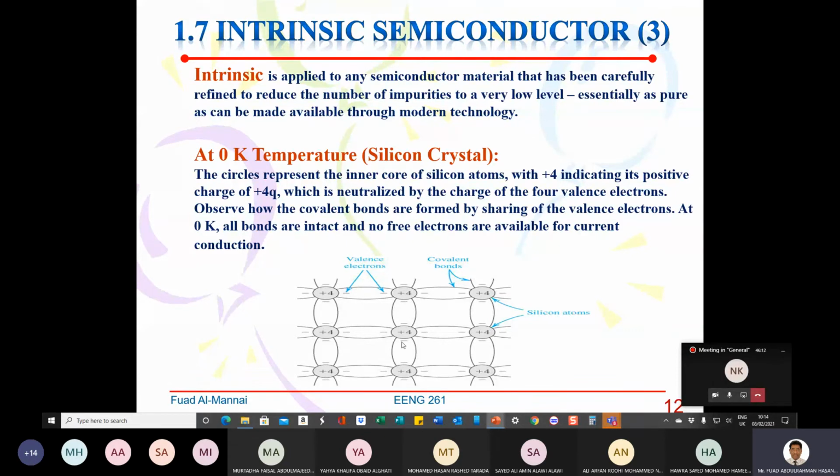This atom will see how many electrons? It will see 8 electrons in its valence shell, so it will be very stable. This is at 0 degrees Kelvin.